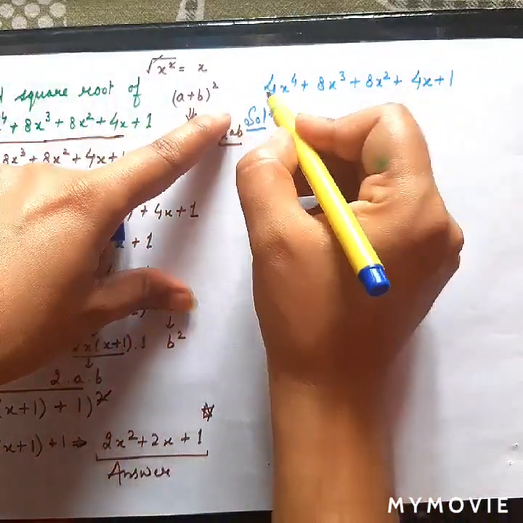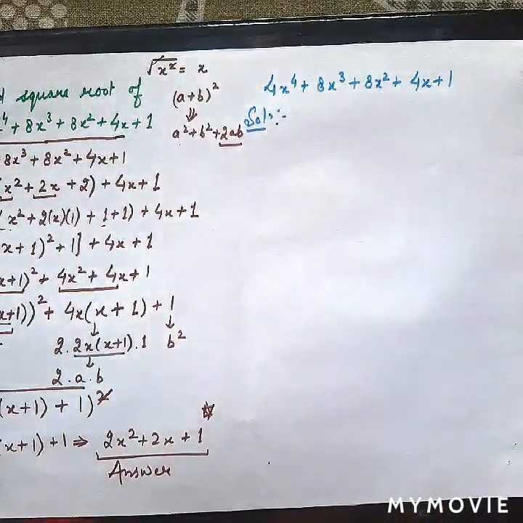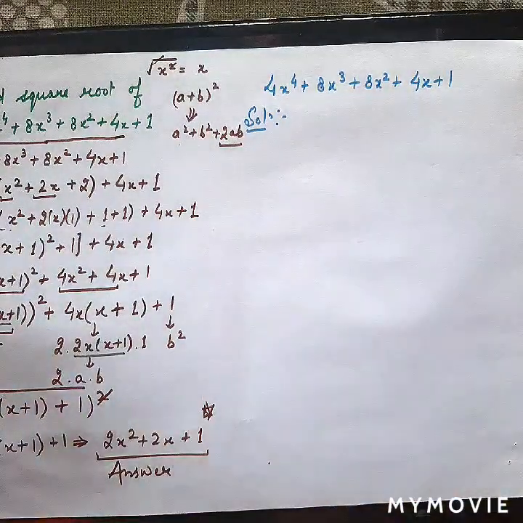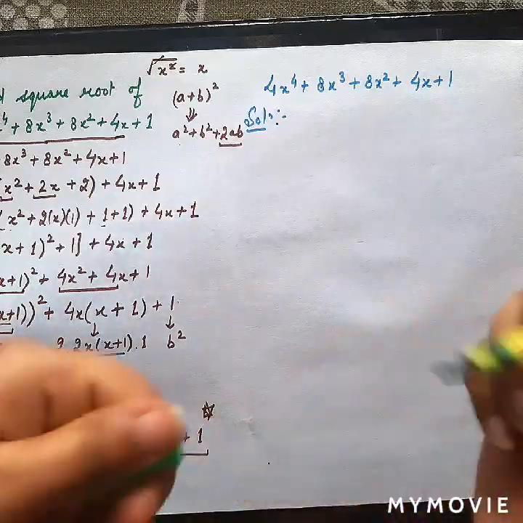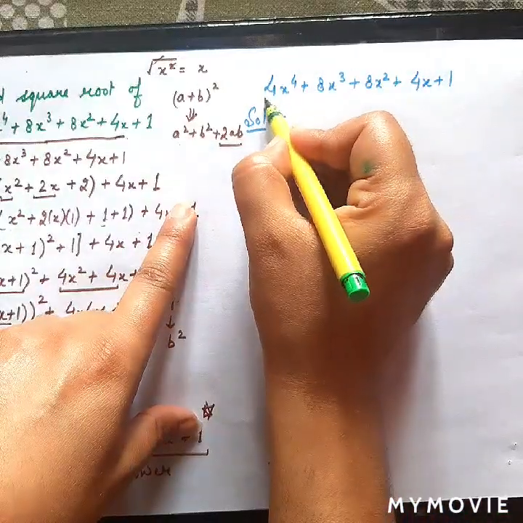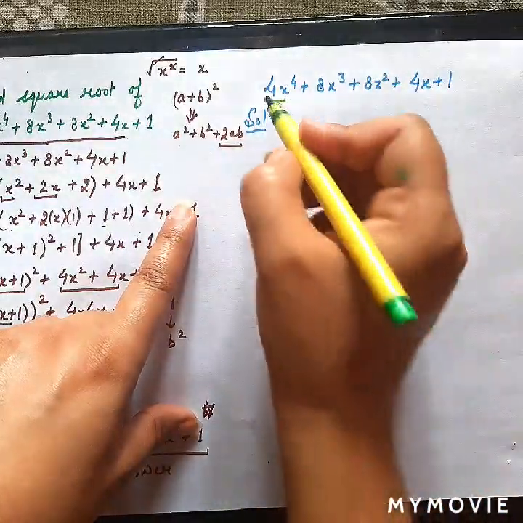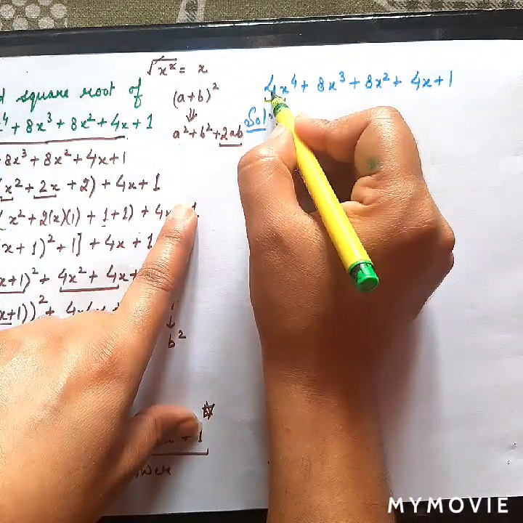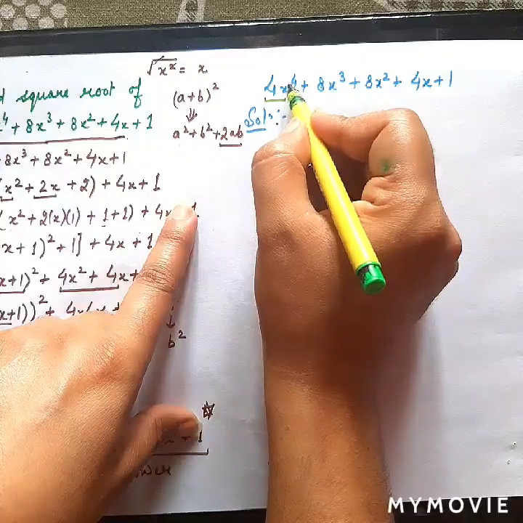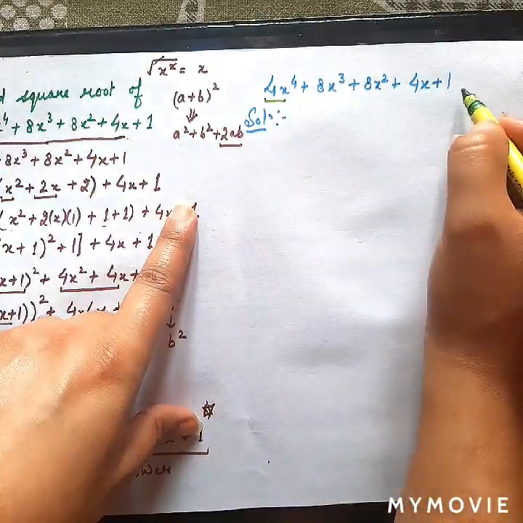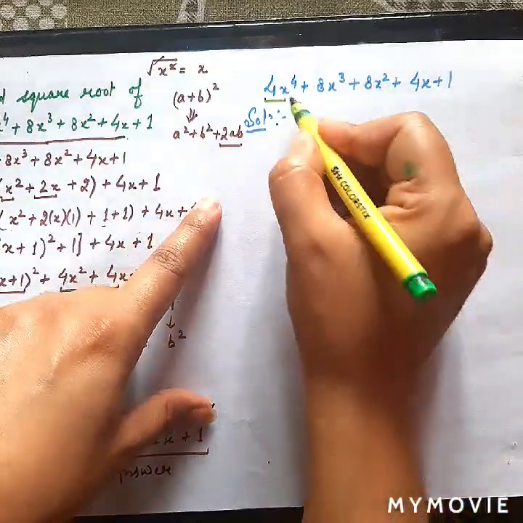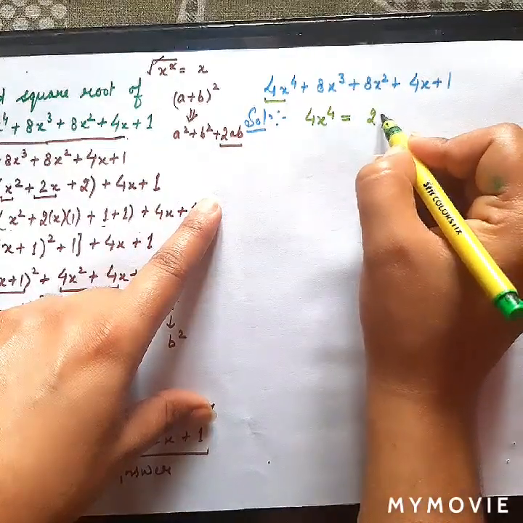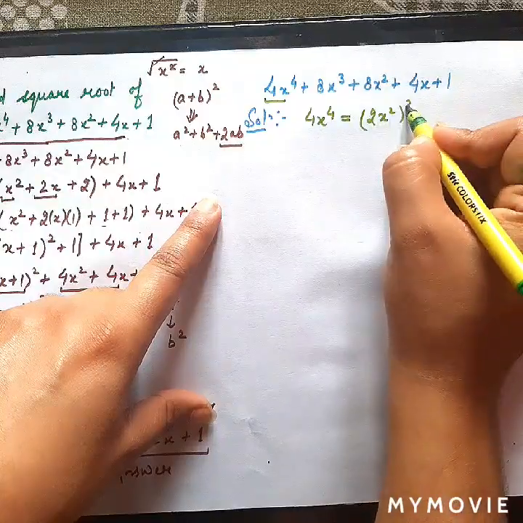First of all, we have this first number, which can be written as a square of some number. This can be written as 2 square, this as x square, and 1 can also be written as 1 square. So 4x raised to power 4 can be written as (2x^2) whole square.